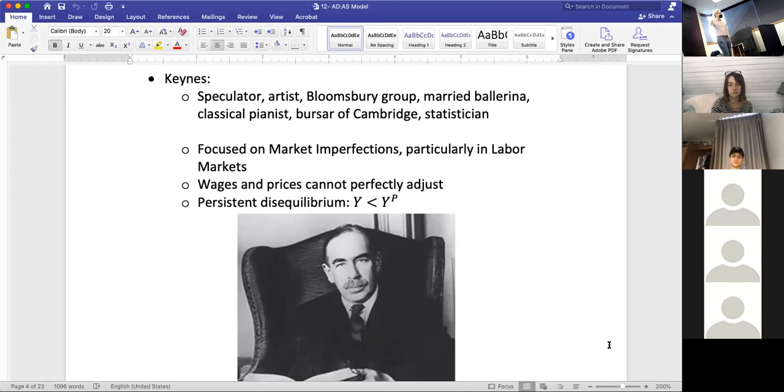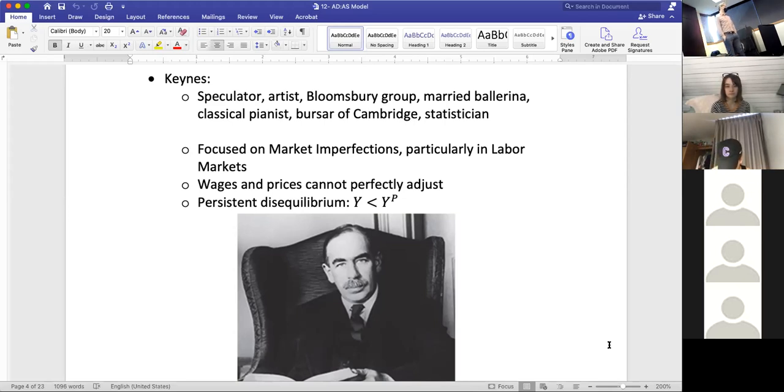All economists are fascinating individuals, but Keynes was a particularly fascinating one. He was undoubtedly one of the most influential thinkers of the 20th century. In fact, in a poll of academics in the year 2000 asking what was the most influential book of the last 100 years, Keynes's General Theory was number 1.